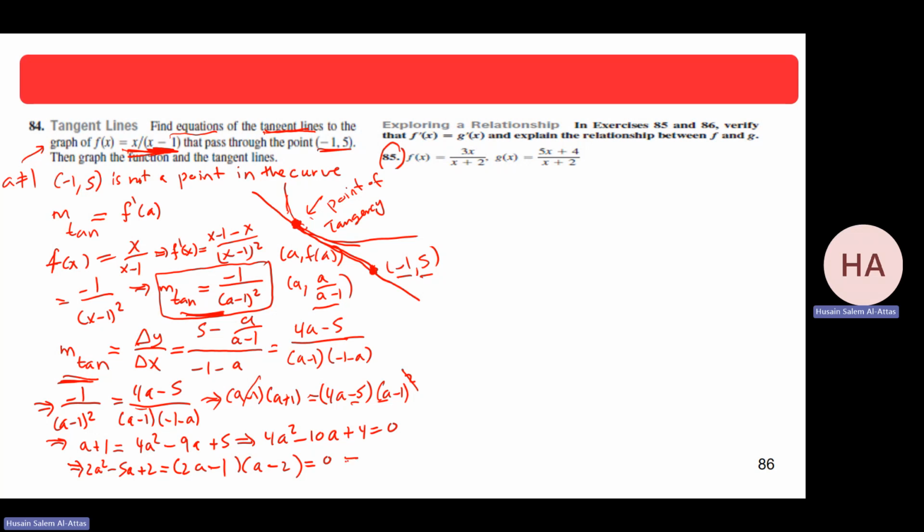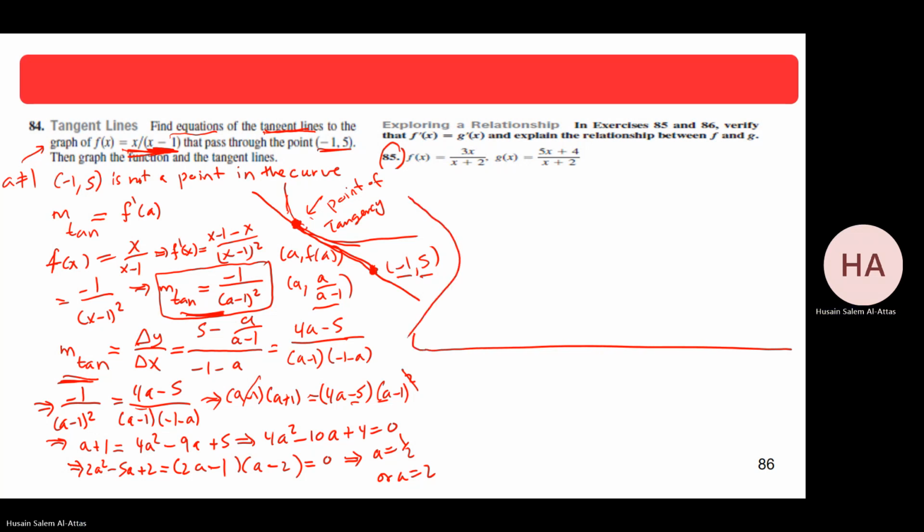Okay, so I have two different values for a: a equal half or a equal 2. I think we are there. I think I need this part only to complete it.